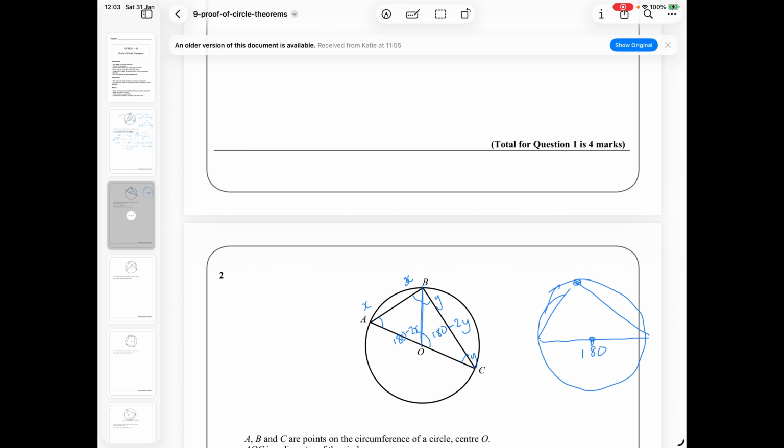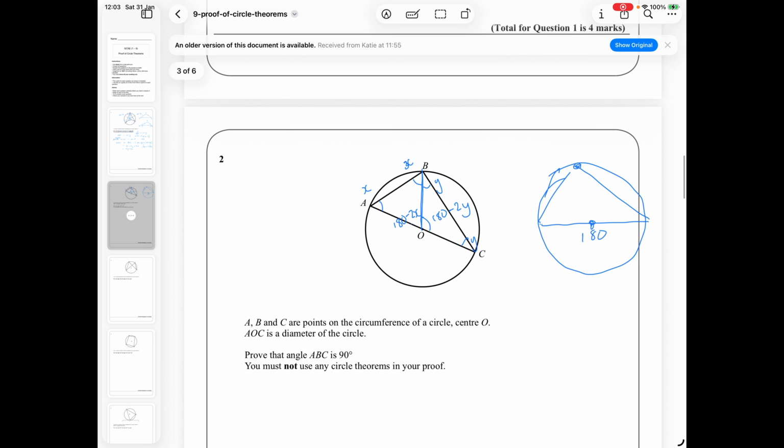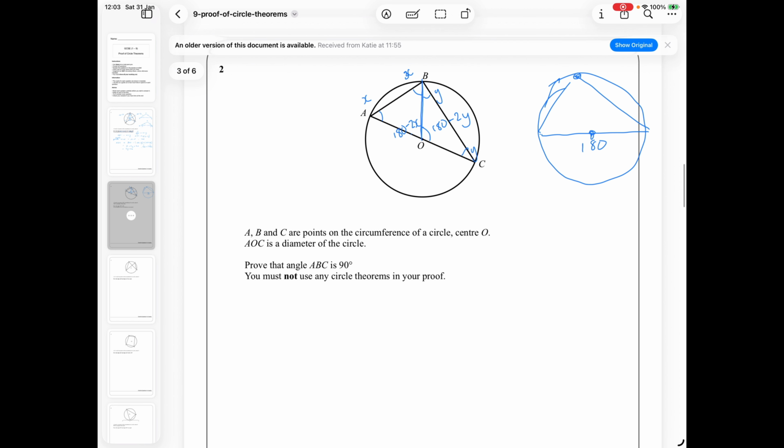It is the same proof. And then all you're doing is saying, we know that ABC equals x plus y.